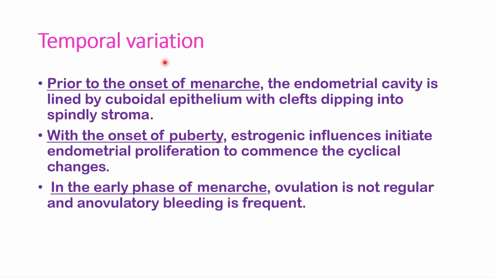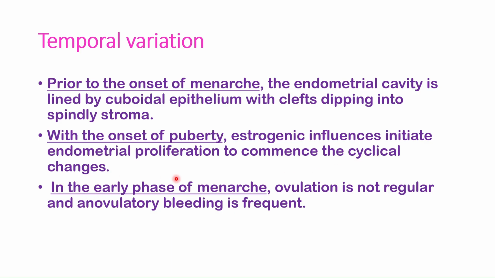Now some important temporal variations according to age. Prior to the onset of menarche, the endometrial cavity is lined by cuboidal epithelium with clefts dipping into the spindly stroma. With the onset of puberty, estrogenic influences initiate endometrial proliferation to commence the cyclical changes.